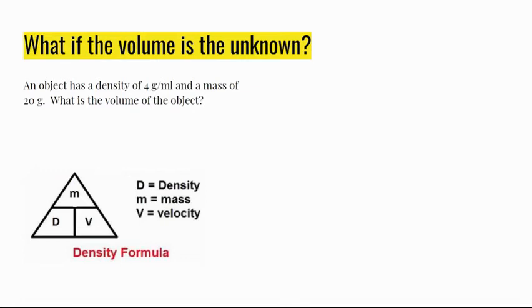So now what if we don't know the volume? An object has a density of 4 grams per milliliter and a mass of 20 grams. What is the volume of the object? Well, pull out our variables. I know that density is 4 grams per milliliter. Volume, we do not know. And mass is 20 grams.